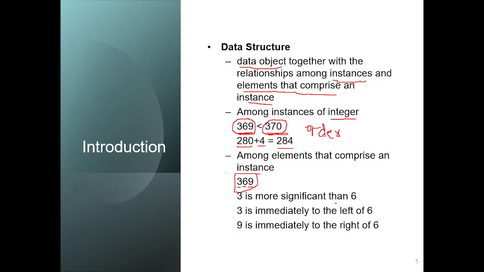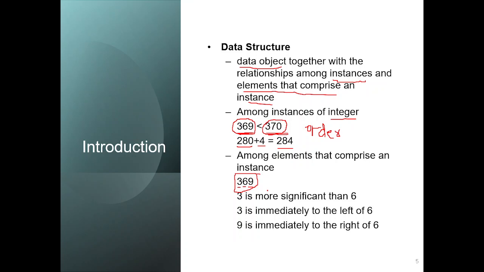So 3 is more significant than 6, it is basically 300. This is 6 tens, this is 9 ones, this is one relationship. The other is that 3 is immediately to the left of 6, and 9 is immediately to the right of 6. This is another relationship. So a data structure is basically a data object together with relationships among instances.